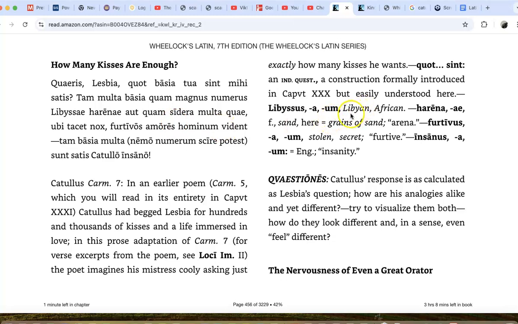Okay, so we'll just follow, you can say African as well, but we'll just follow this gloss here. Again, if it's in italics, as you know, we're going to go ahead and just use that. Now here we have aut, which means or. Aut means either or. As many, right?